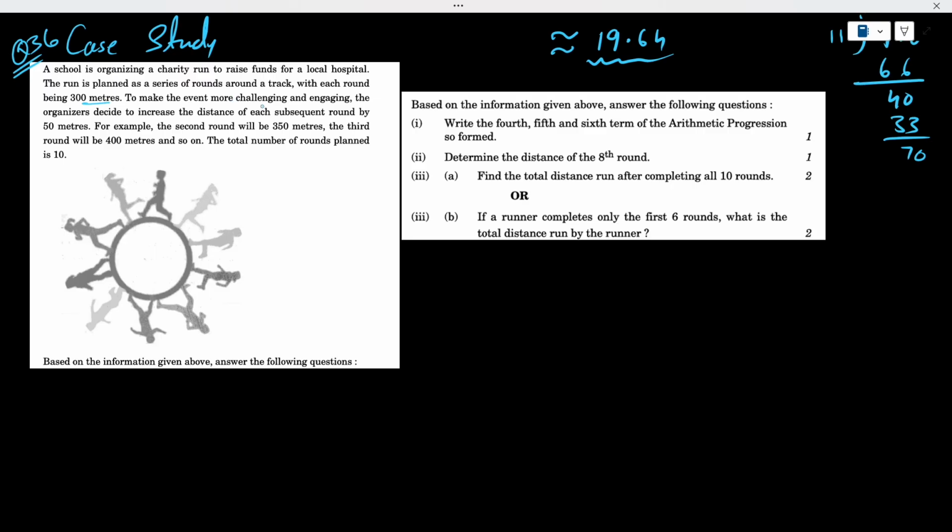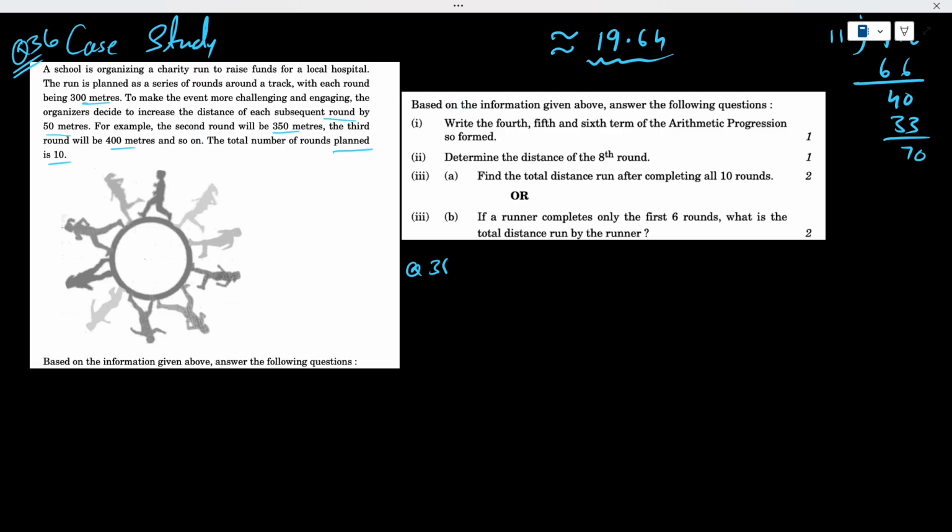To make the event more challenging and engaging, the organizer decided to increase the distance of each subsequent round by 50 meters. For example, the second round will be 350 meters, the third round will be 400 meters. The total number of rounds planned was 10. That means n is 10.